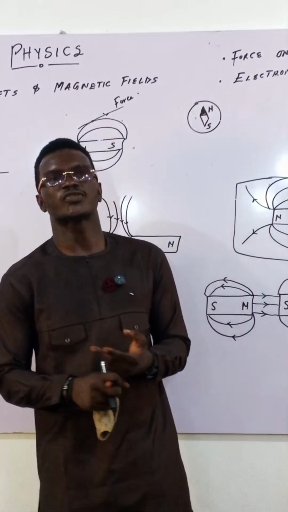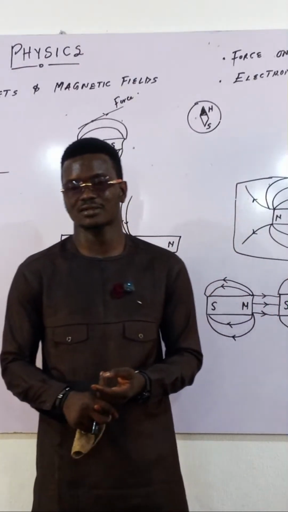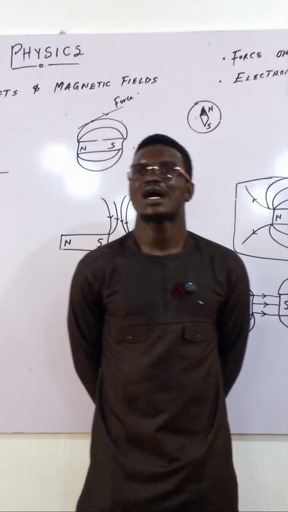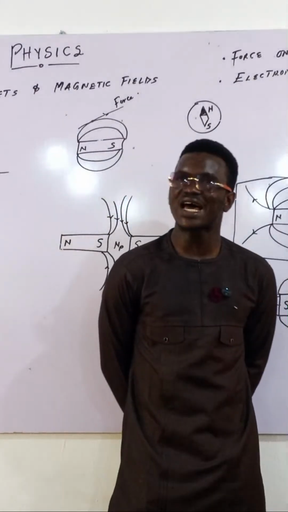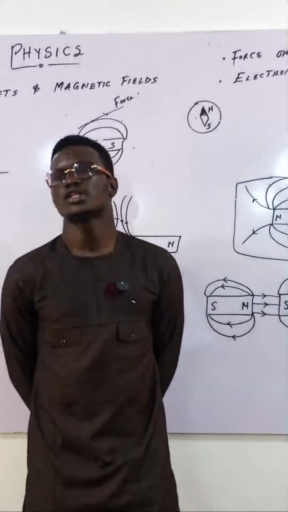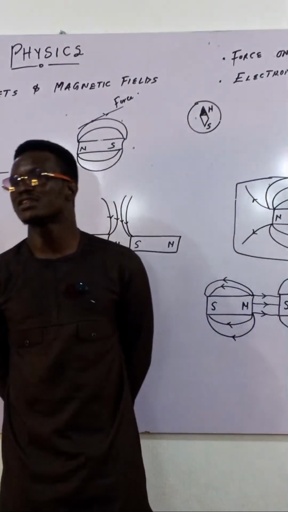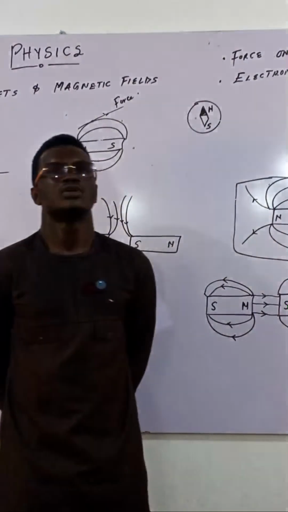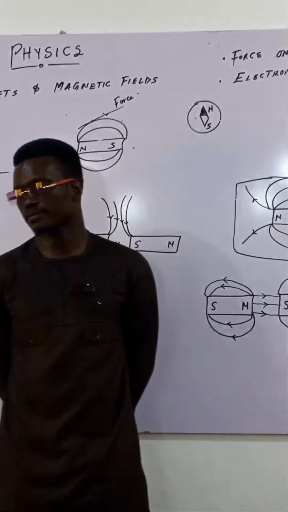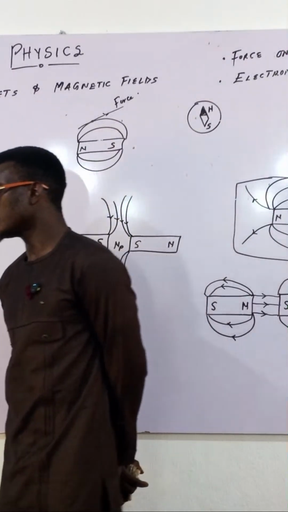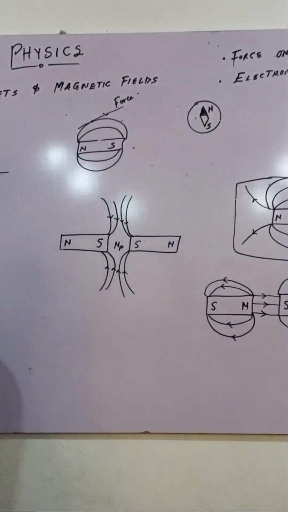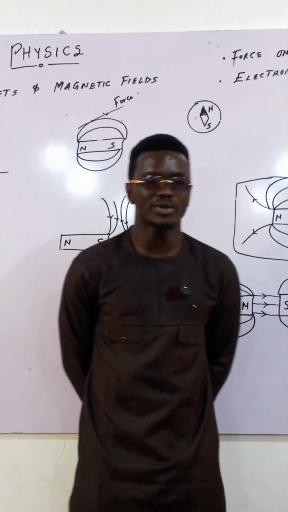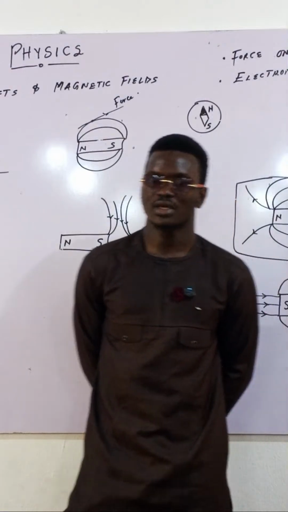So it runs from north to south outside the magnet and from south to north inside the magnet to form a closed loop.